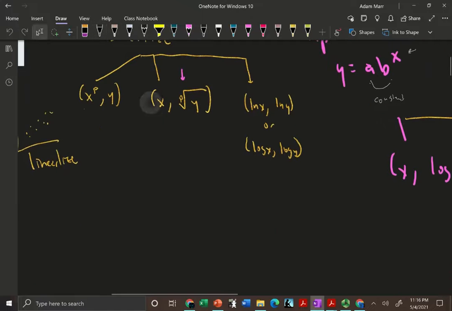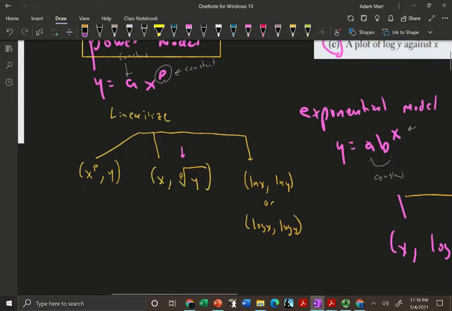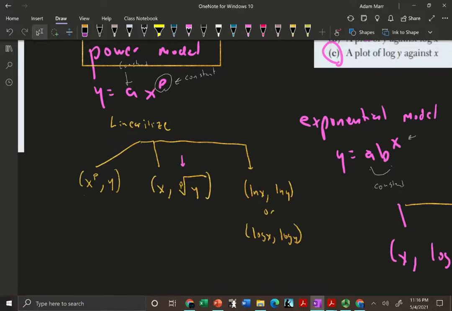So remember, when we actually look at this data as a graph, initially we have a power model, say it follows something like y equals 2x squared, or y equals 2x to the third.